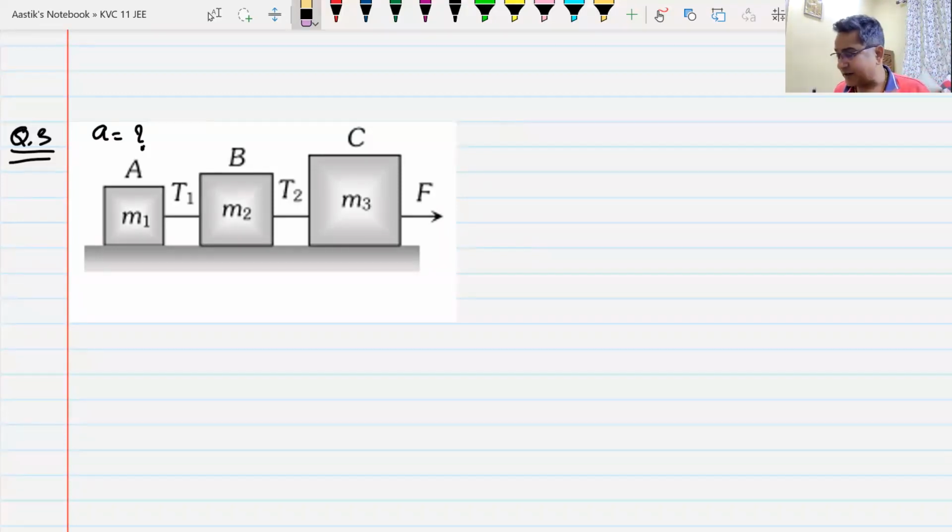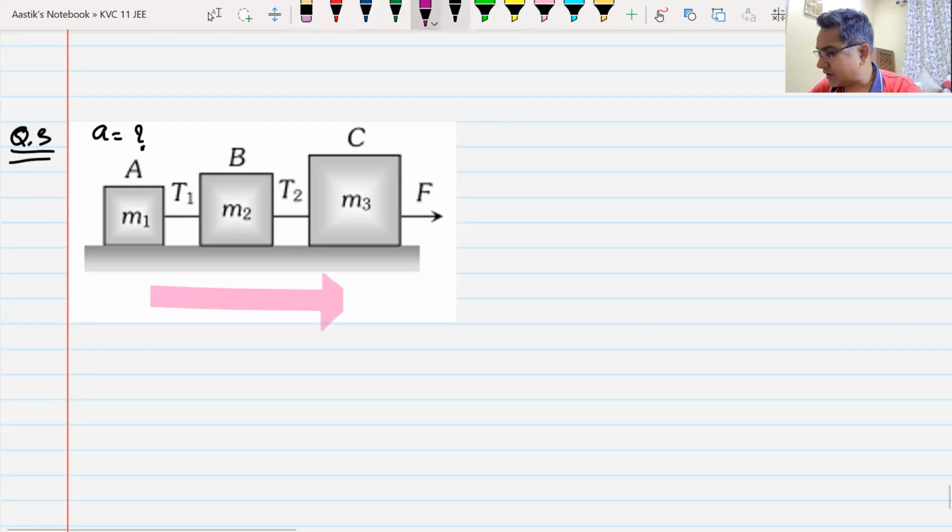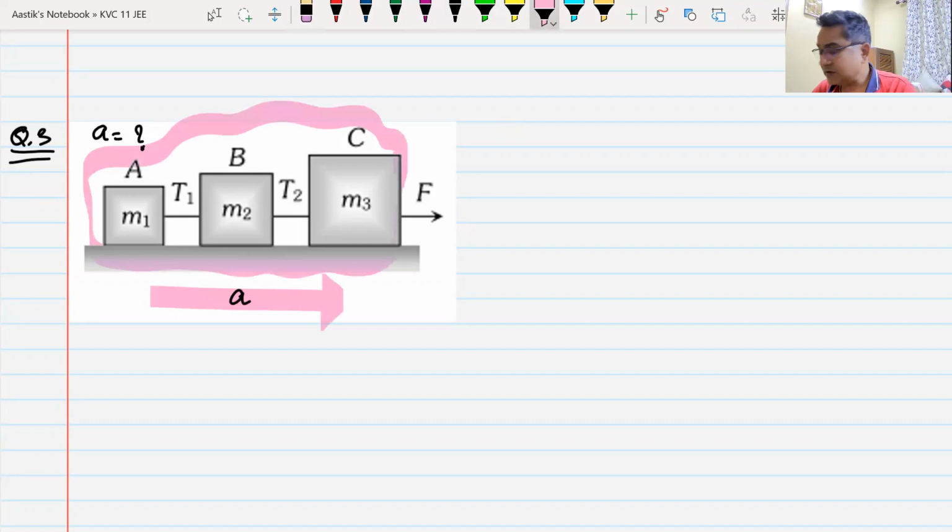I understand this entire system. This entire system is going to move forward with an acceleration A. Everyone understands this. Once you understand this, you can take case number 1, all these 3 blocks as one system. The forward force is F. There is no reverse force. So as soon as you make it as one system, you get the first answer.